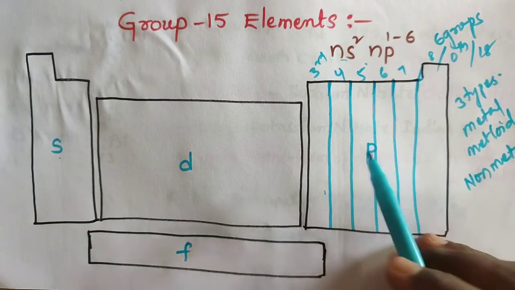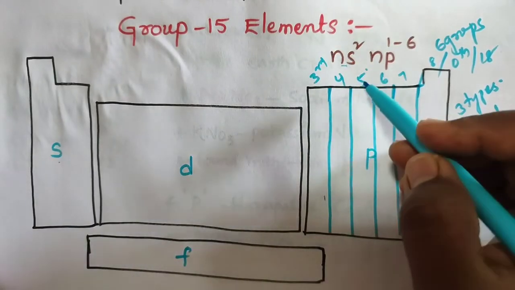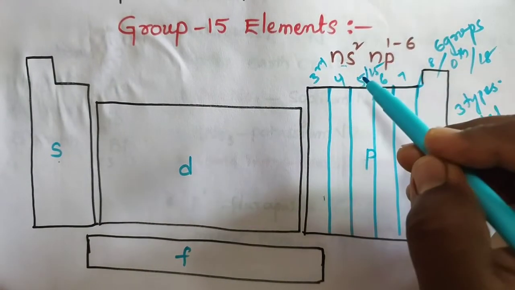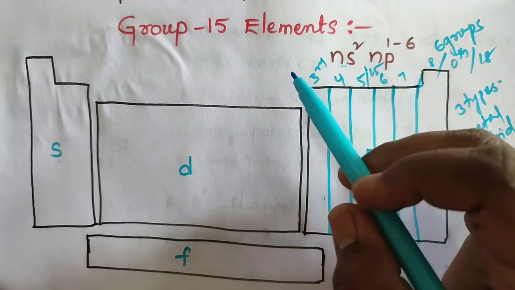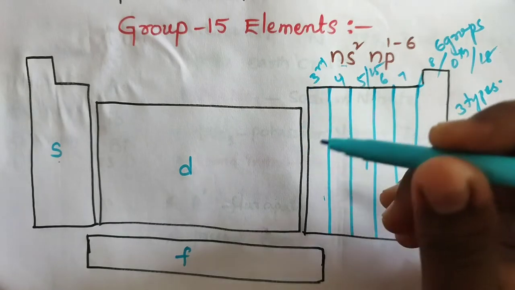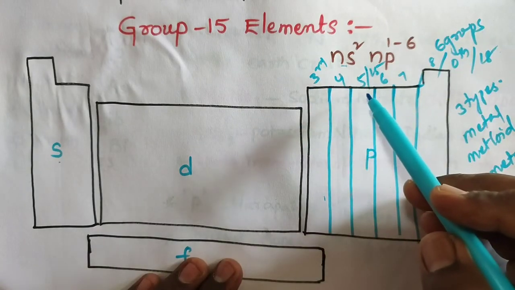Now we are going to discuss the 15th group, or 5th group elements. The 15th group is the nitrogen family. Here we have the boron family, carbon family, and next the nitrogen family.